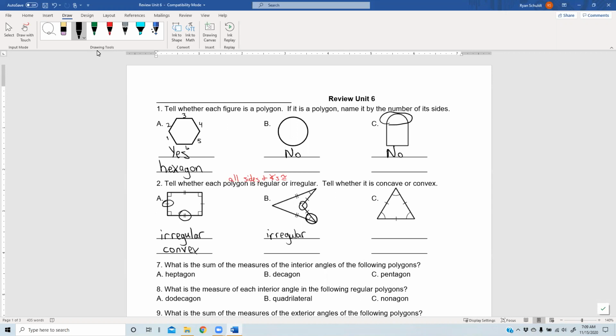And does it look like somebody punched this shape in to where if I connected 2 points, I would have to go on the outside of it? Yes, it does. So this is concave.